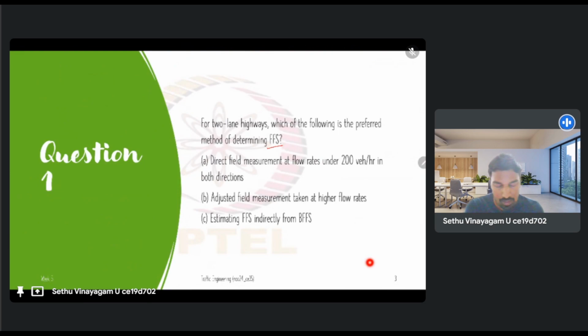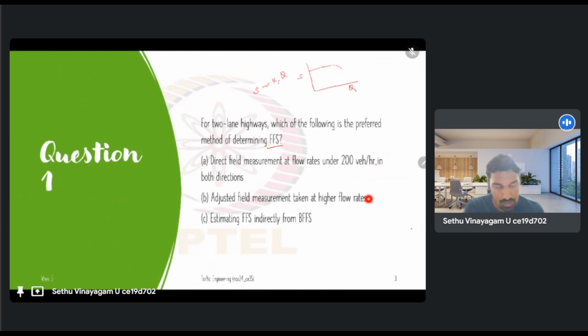We know that speed varies with density, as well as with the flow. If we look at the speed-flow relation for freeways and highways, it looks something like this. We have the speed and we have the flow.